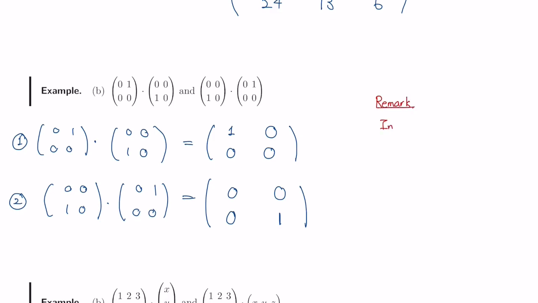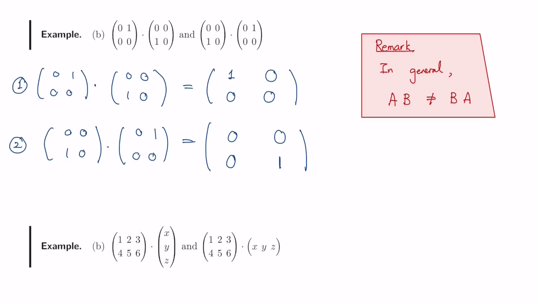In general, if you have two matrices, A times B is not B times A. So this is very different from numbers. For numbers, it does not matter which order of multiplication you take, but for matrices, the order of multiplication is very important. So let me put a box here.